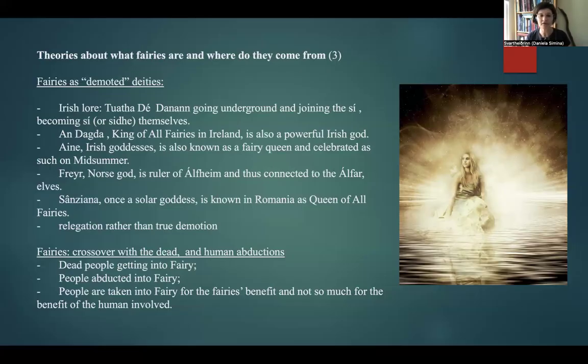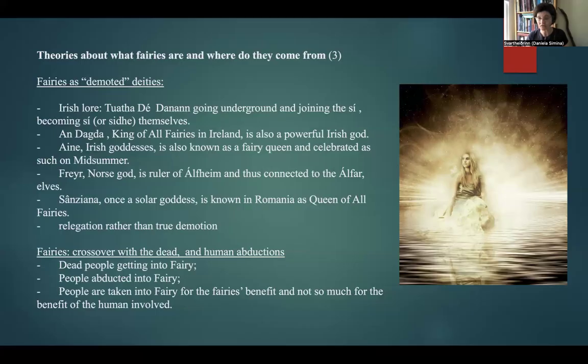From the Irish, we have the Dagda. He's known as King of all fairies in Ireland. There is a story in which he's called King of all fairies in Ireland, but he also has the dual aspect of powerful Irish god. We have Áine, the Irish goddess, who is also known as a fairy queen and is celebrated as such at midsummer. If you go into Norse, the Scandinavian, we have Freyr.